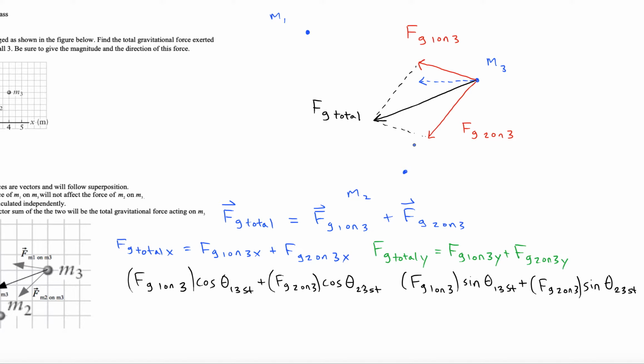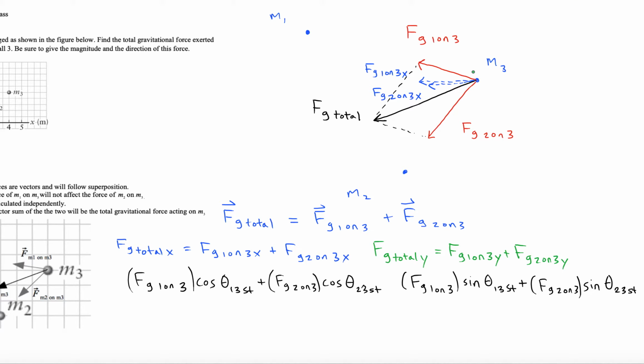Now Fg2 on 3x is going to be the component of the lower vector in the x direction. So maybe I can write those in. The upper one is Fg1 on 3x. The lower one is Fg2 on 3x.